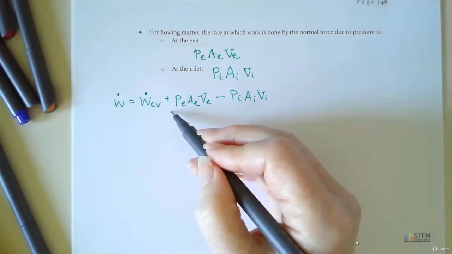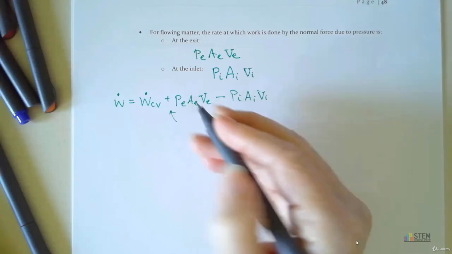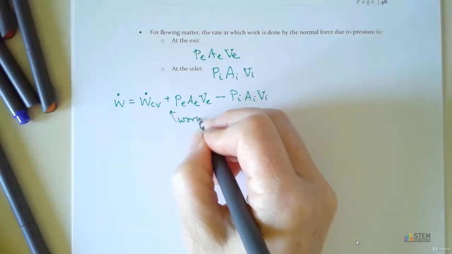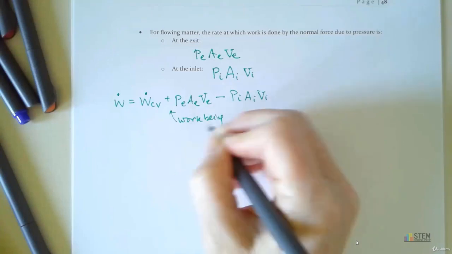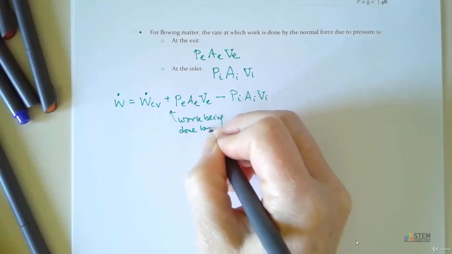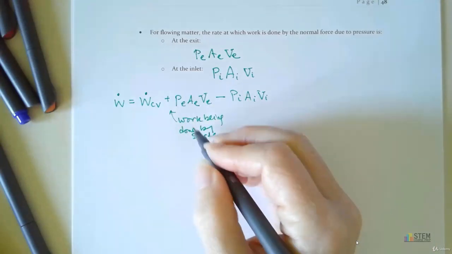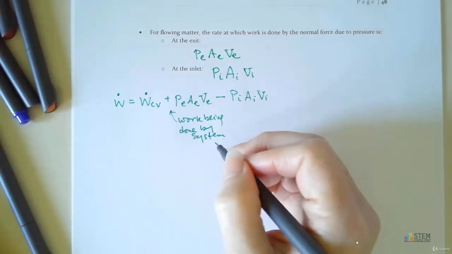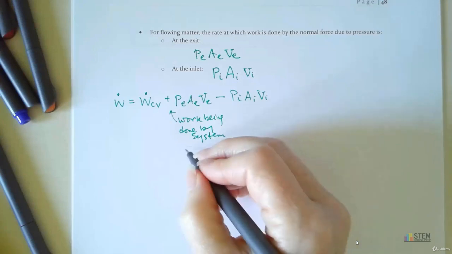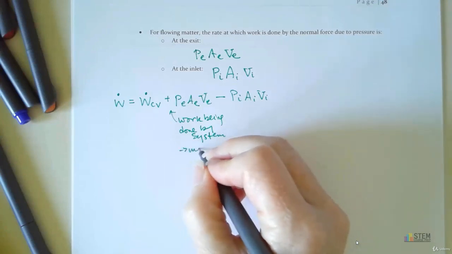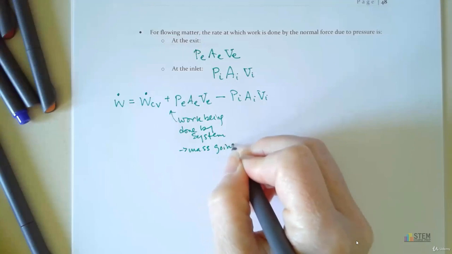Okay. So here we've got work being done by the system because it's forcing mass out. So that's why we've got this positive sign. And let's put mass going out.